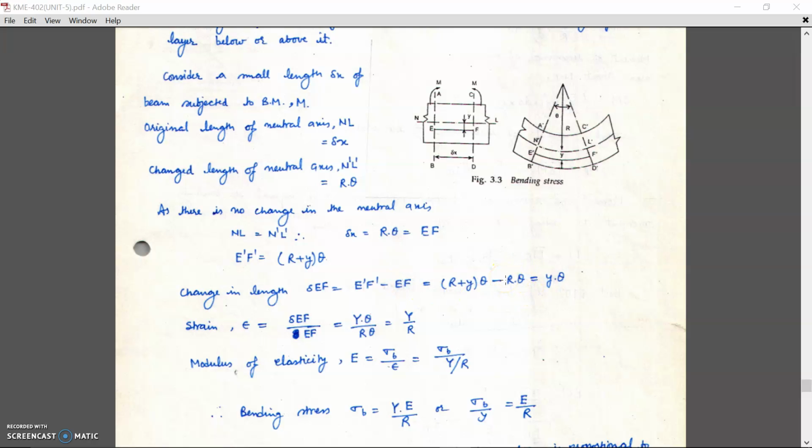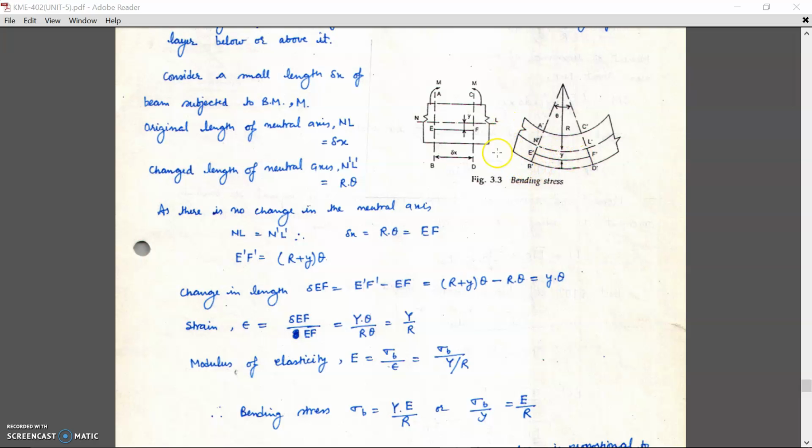I hope it is clear, right? I can explain it once again very quickly, because I am interested in finding the value of EF. I know that when bending moment is not applied, then EF will be equal to NL, and NL is located on the axis where it will not experience any type of force.